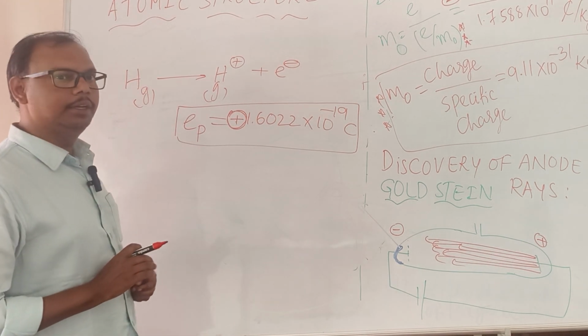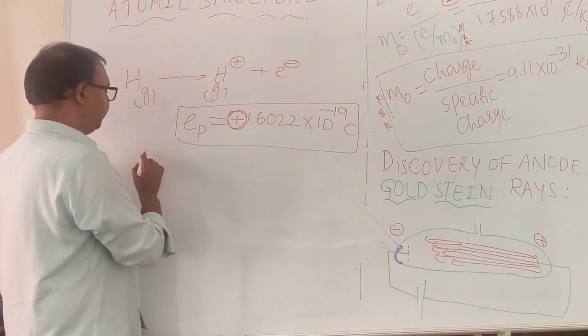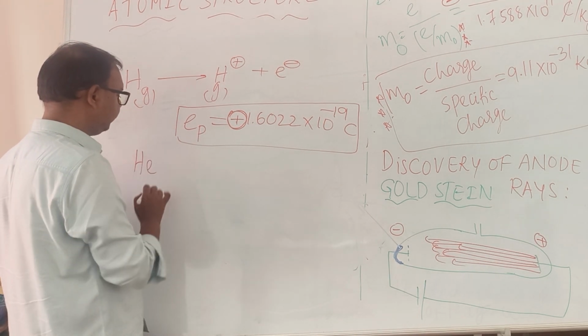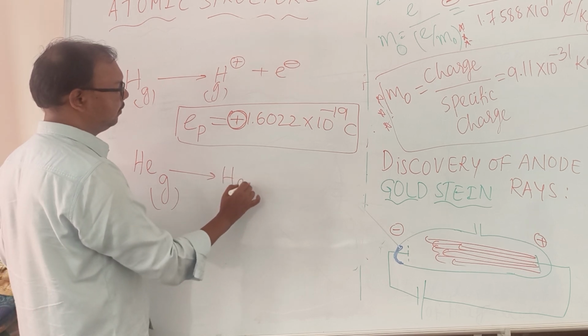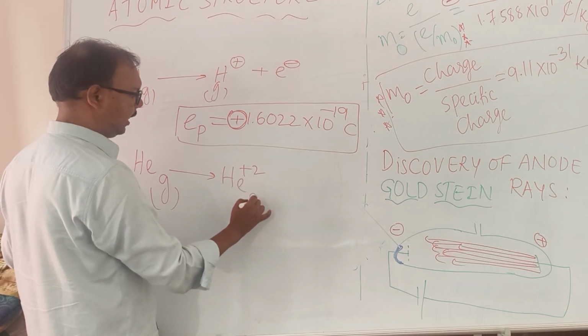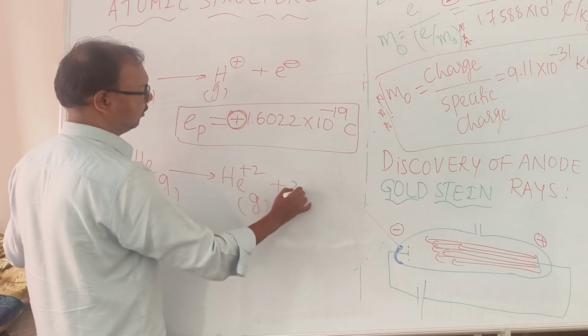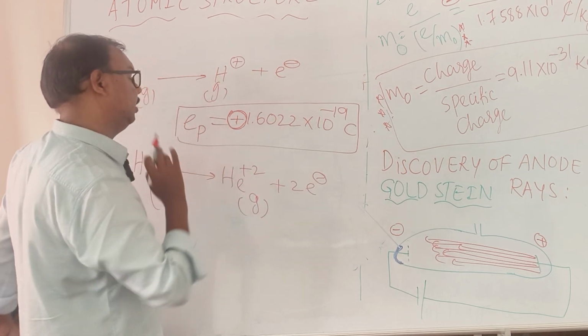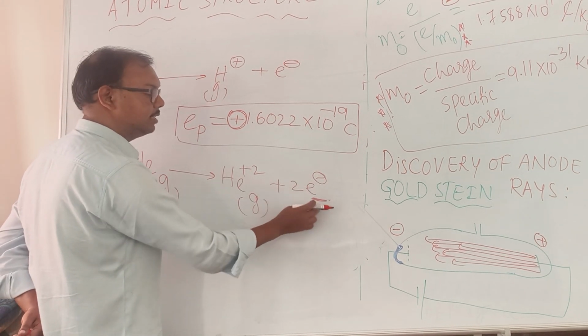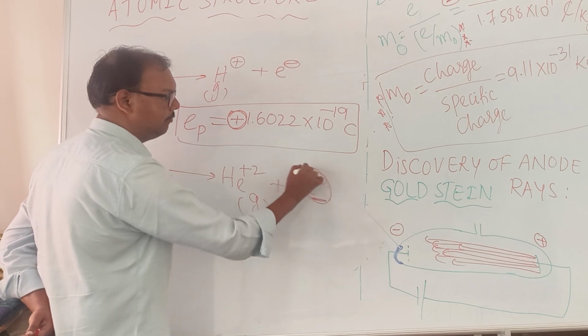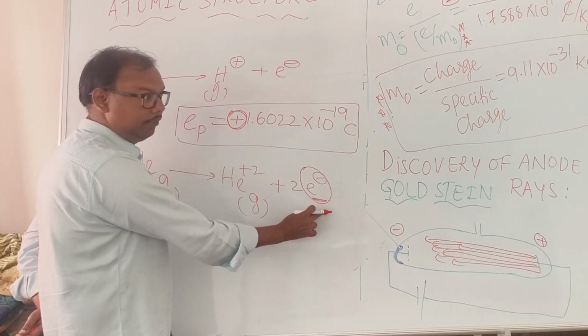For example, if you take gaseous helium, what does it give? He plus 2 and 2 electrons. Here, what is the charge of each electron? They can exist independently, and the charge remains the same for each electron. It will not change.